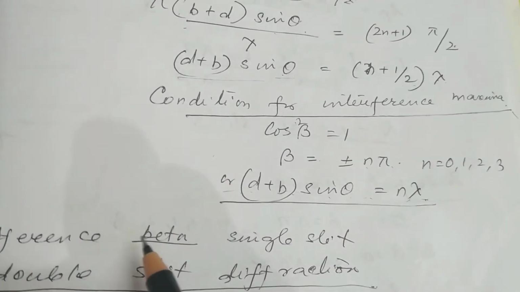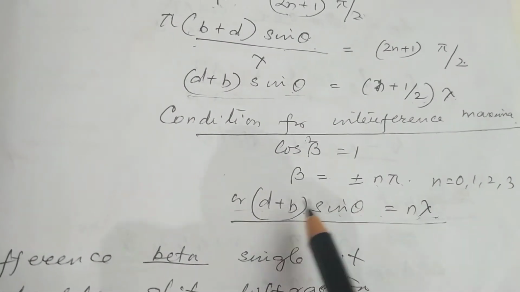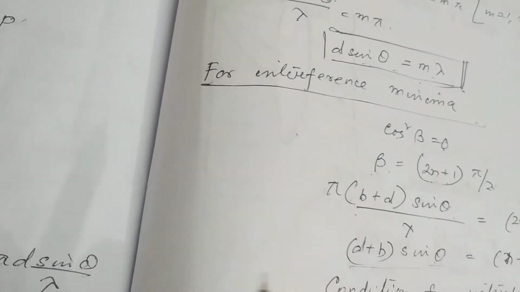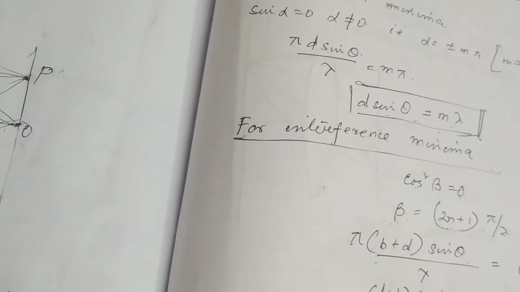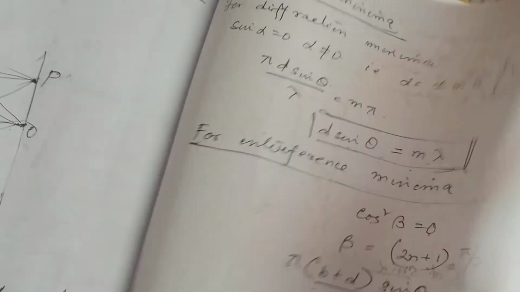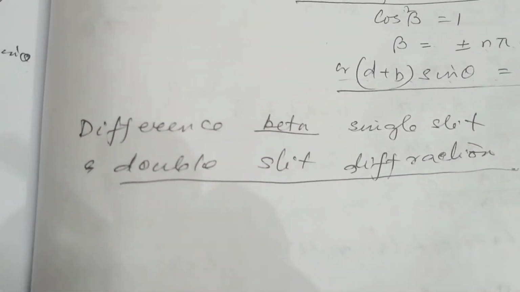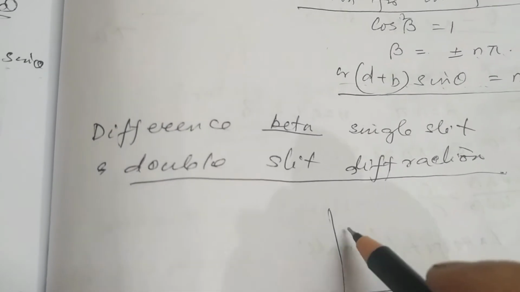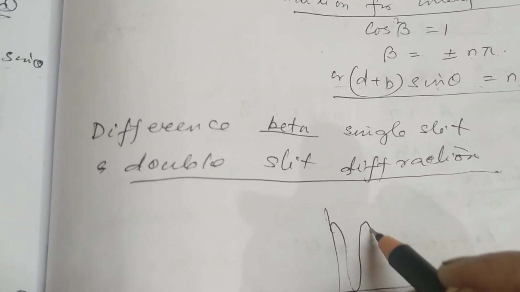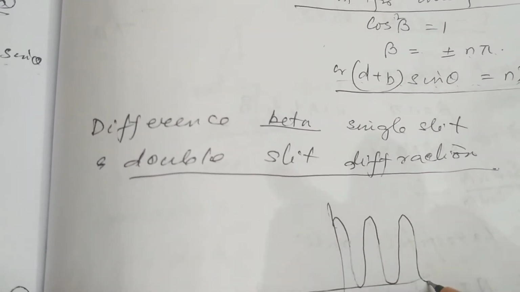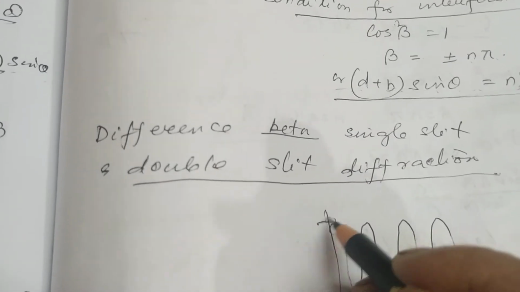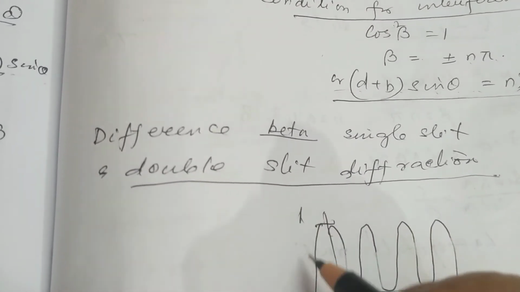Okay. Now if I see what will be the shape of the fringes, you know that for the cos square beta term, the interference fringes should have been like this. That we have already seen. So this is my 1, this is intensity.